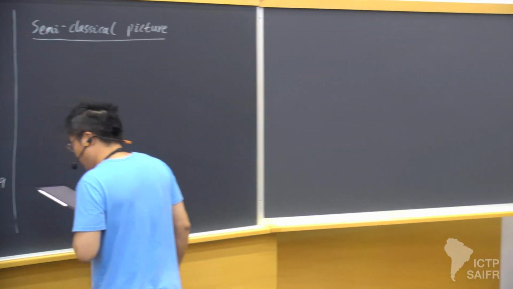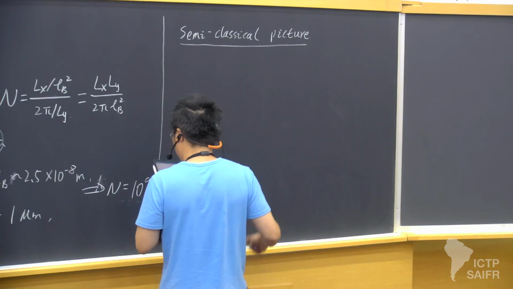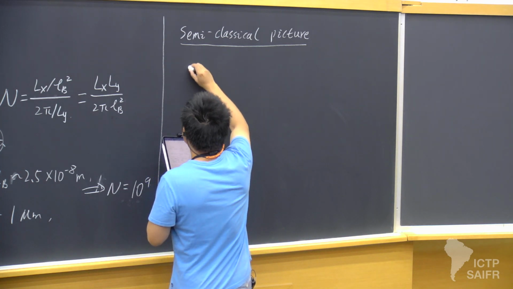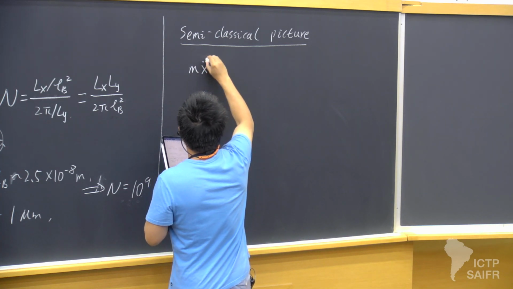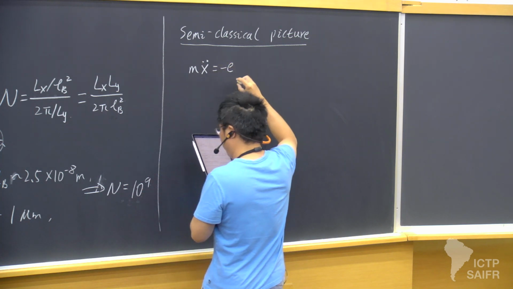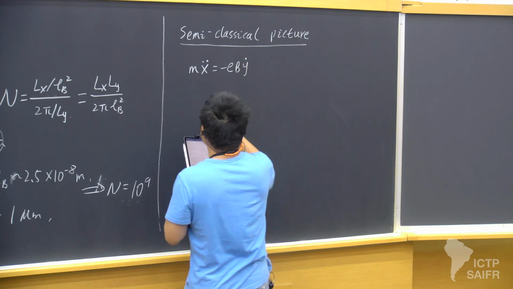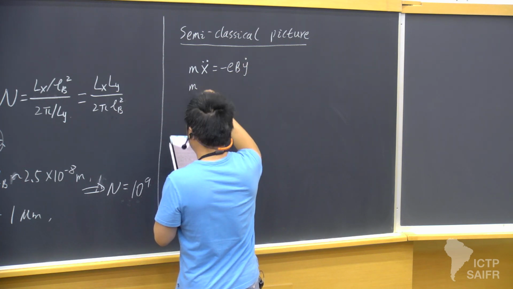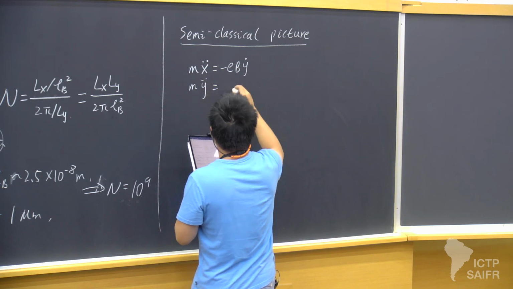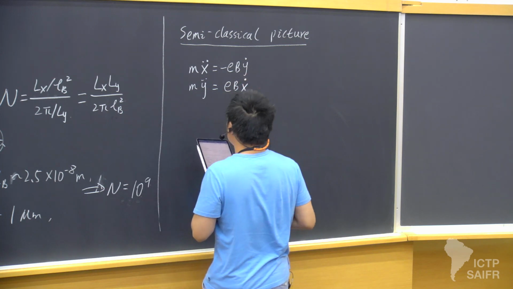So semi-classically, what we can do is just think about the equation of motion of the system, that is just classical electrodynamics. So I do have this classical equation of motion, right?